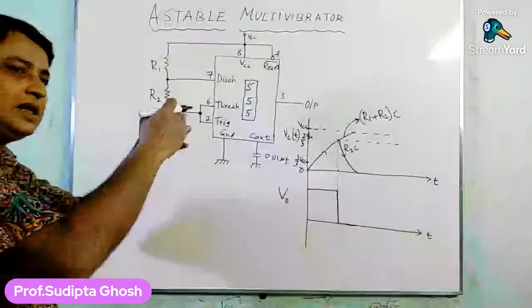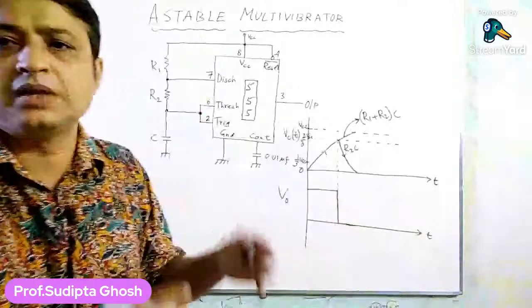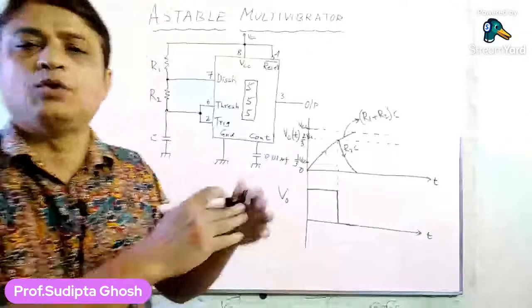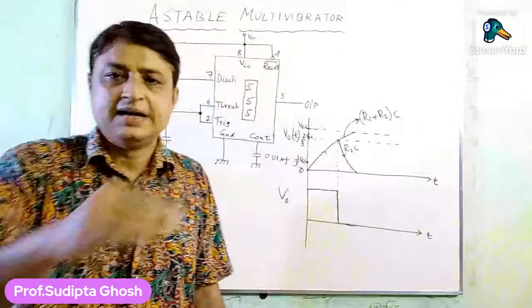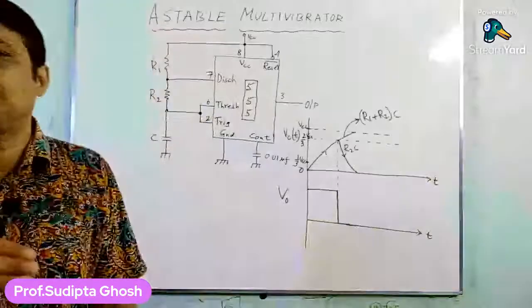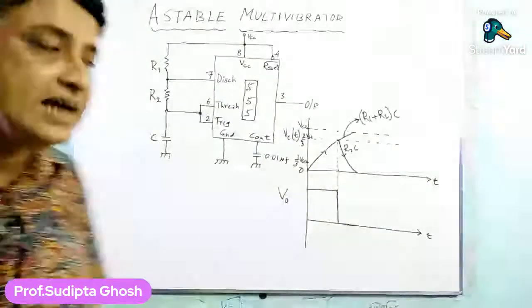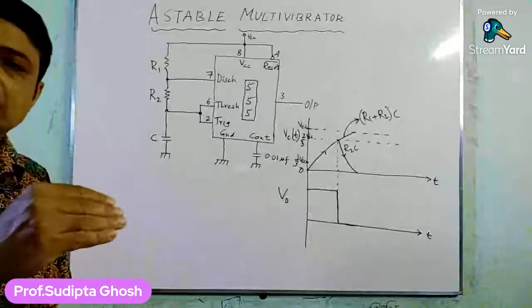Now the capacitor goes on discharging from the value of 3.4 or rather 3.5 volts. Now it will go on decreasing, as it reaches the value of 1.7 or 1.8 volts, that is the value of 1/3 VCC.